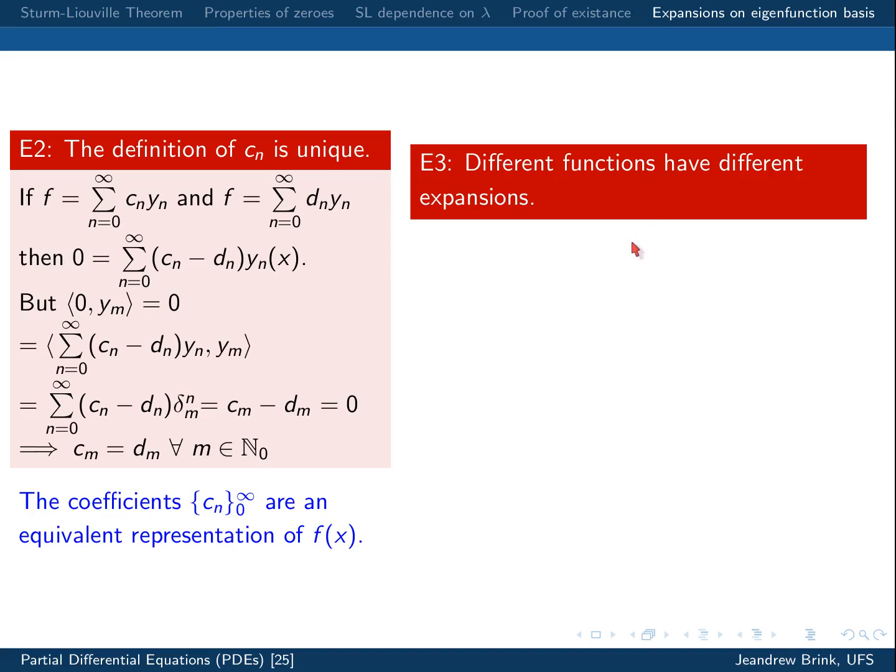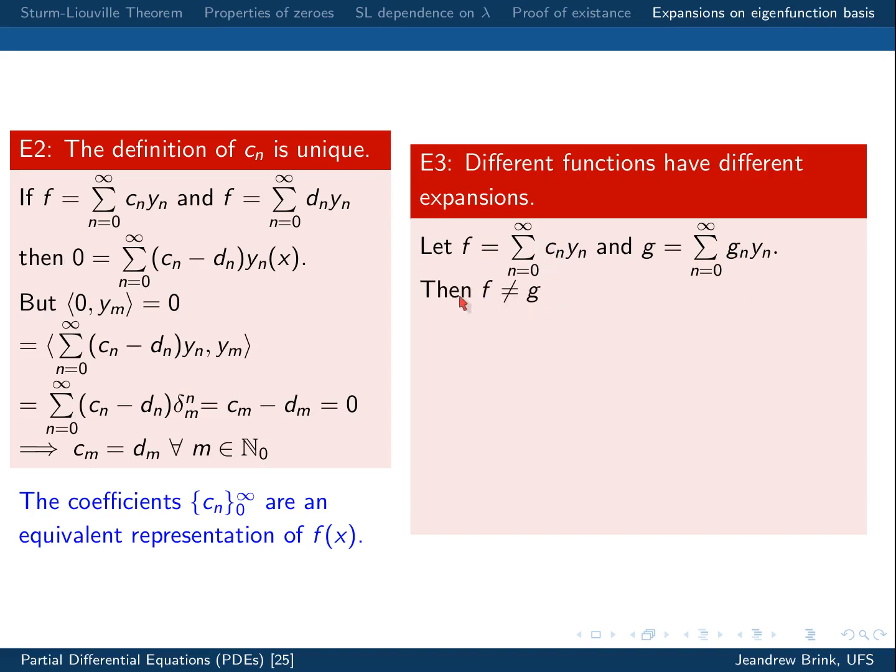And the way we prove that is, suppose we have two functions with the expansions. So you have f equals the sum of Cn yn, and g equals the sum of Gn yn. And let's suppose these expansions are the same for all n except for a particular one.